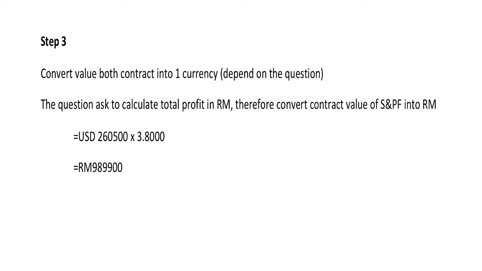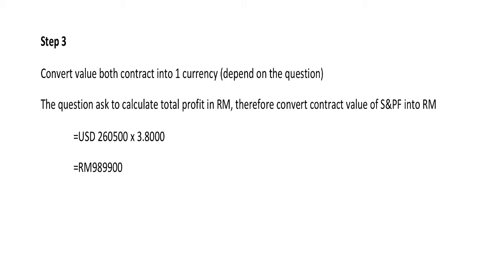Step number 3, you need to convert the value of both contracts into a single currency depending on the question. The question asks to calculate profit and loss in Ringgit Malaysia. Therefore, you need to convert all the values in US dollar into Ringgit Malaysia. In this case, only the S&P value is in US dollar.